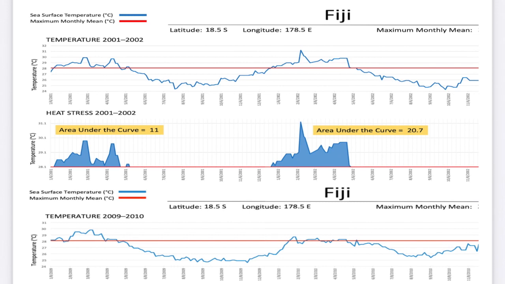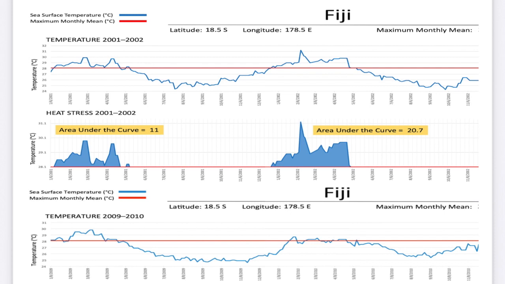What you need to understand about how to read these is the red line is the maximum monthly average. That's the highest monthly average going back the last 30 years, the highest monthly average for that location.